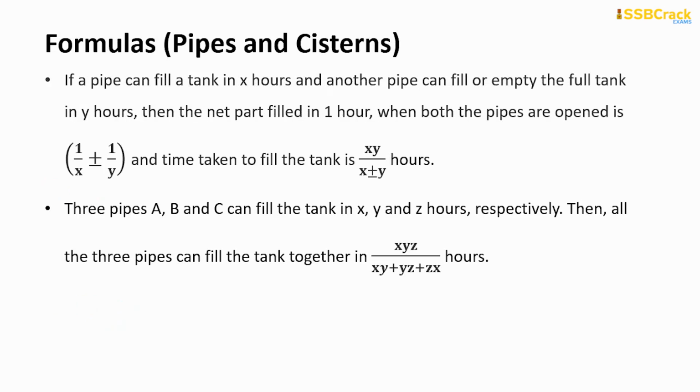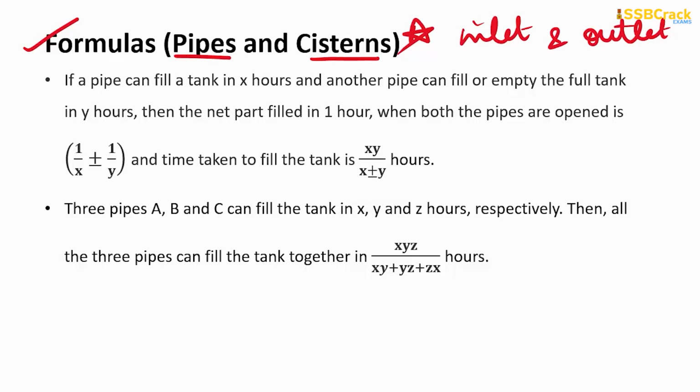Now coming to the other important formulas related to the topic of pipes and cisterns. First of all, let me tell you that all the formulas applicable in the case of work and time are also applicable in the case of pipes and cisterns. But there is just one difference: in the case of pipes and cisterns, we have two types of pipes. One is inlet and the other is outlet, right?